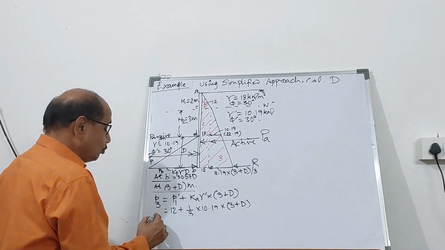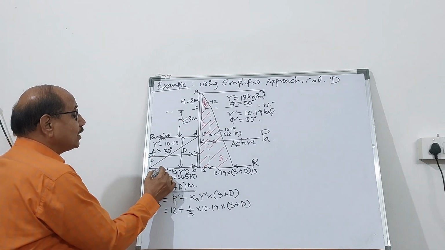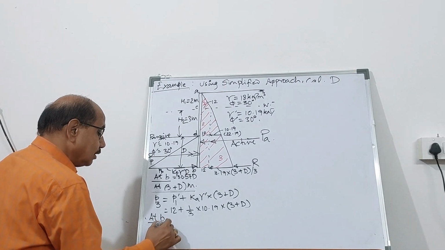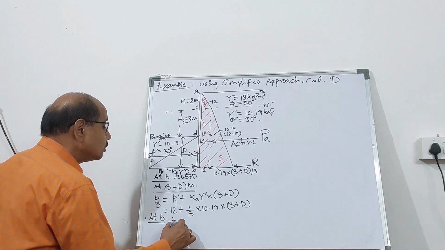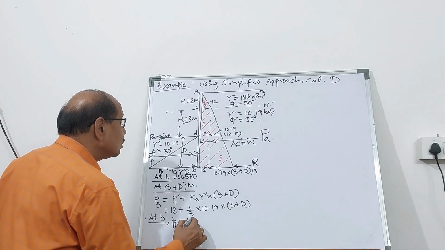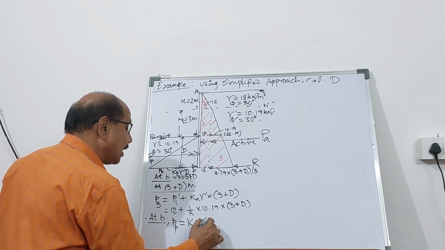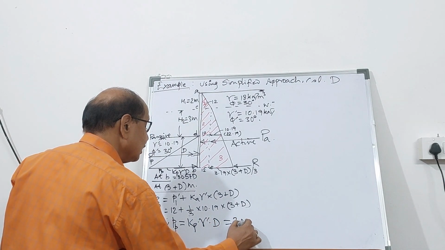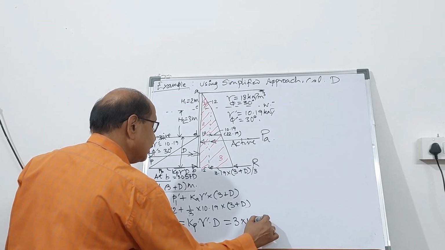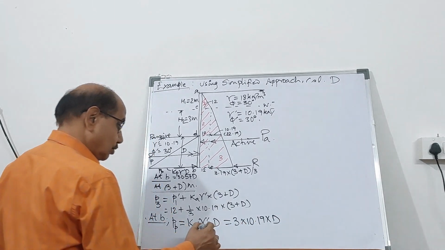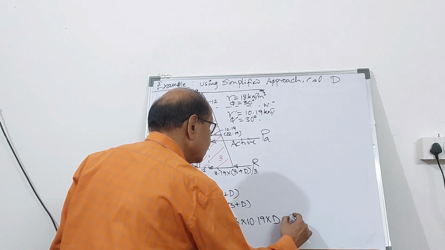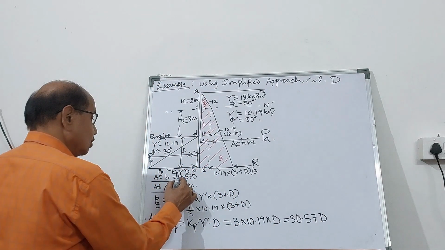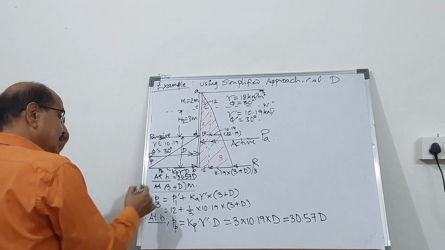Now, in order to calculate the passive pressure at B, so at the bottommost point, PP will be equal to Kp into gamma prime into D. Now Kp is 3, gamma prime 10.19 into D. So this becomes 30.57 times D.